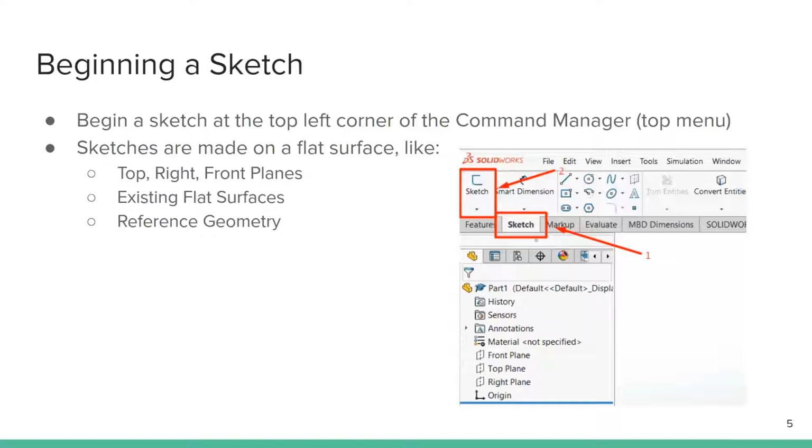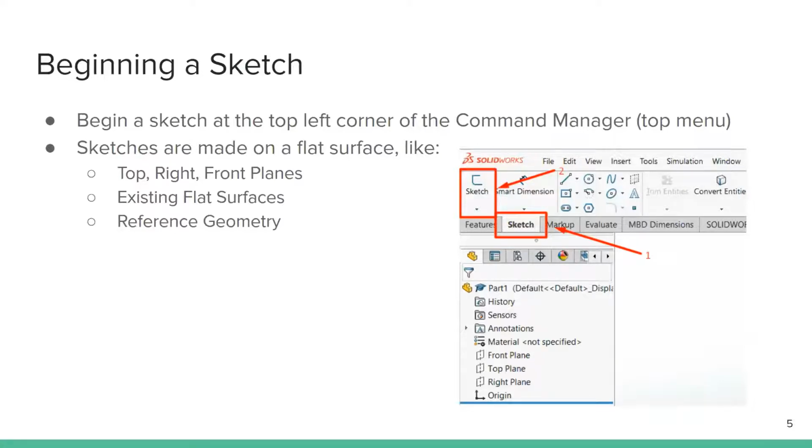That might be a plane, like the front plane, the top plane, or the right plane, as defined in the document. You can see those in this picture here down on the feature tree on the left. Or that might be an existing surface from something you've made. So say you created a box, you could make a sketch on the top of the box.